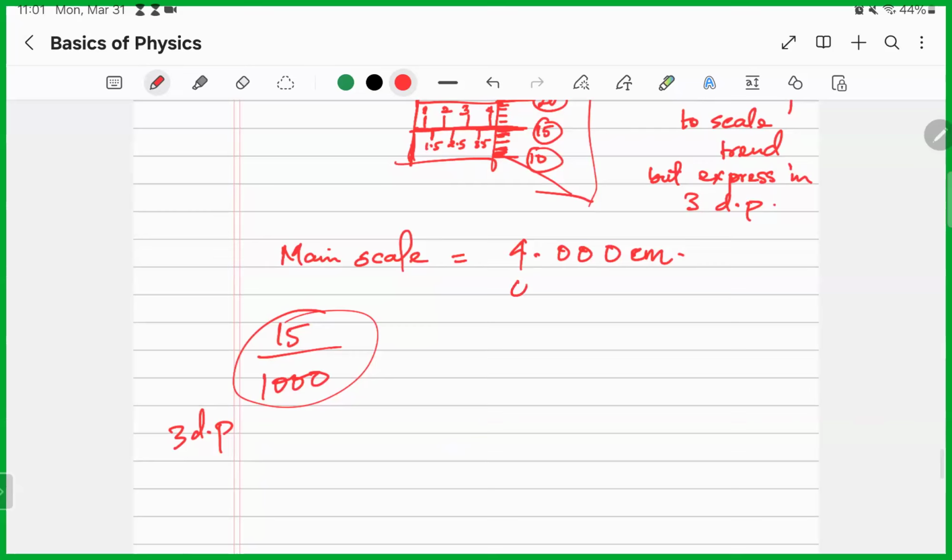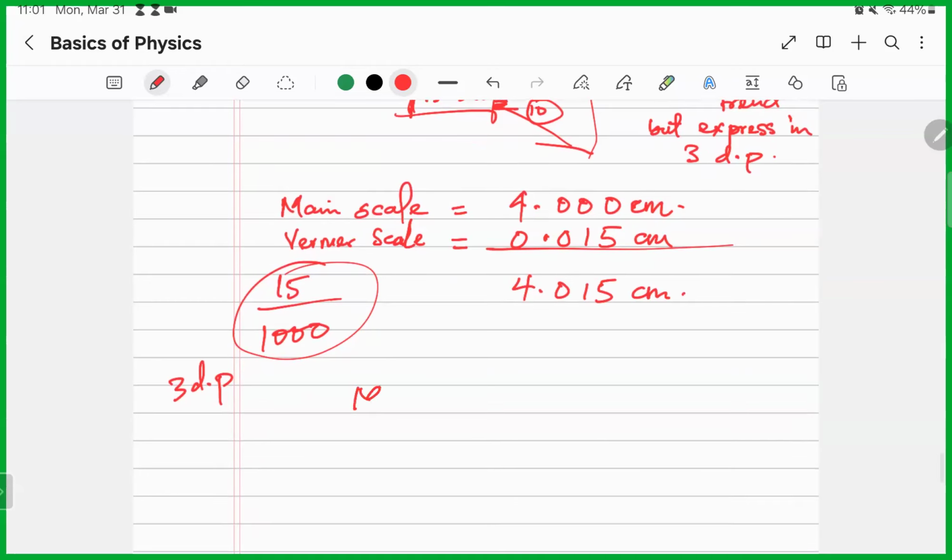Once we do that, we have 0.015 centimeters for the vernier scale, and that gives us a final reading of 4.015 centimeter.